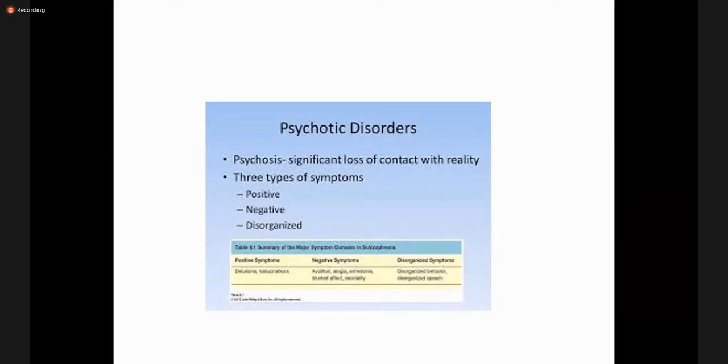With disorganized behavior, they might be sitting and you might observe them to be talking to someone or any other type. They might have some stereotypic movements. So positive symptoms with delusions, hallucinations, negative symptoms where there is a lack of initiative, decreased speech, lack of interest and enjoyment, blunted affect, asociality, and then disorganized type.